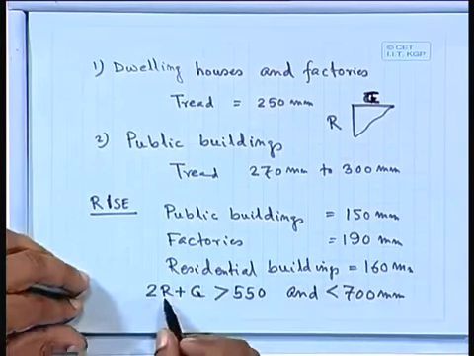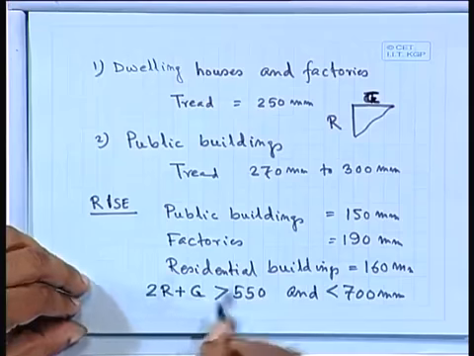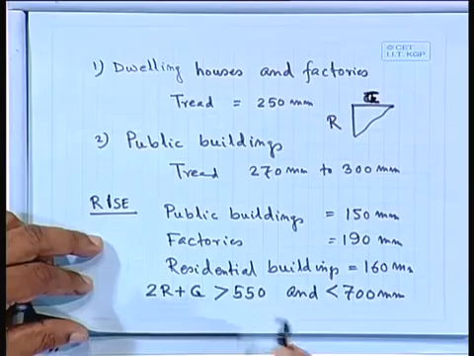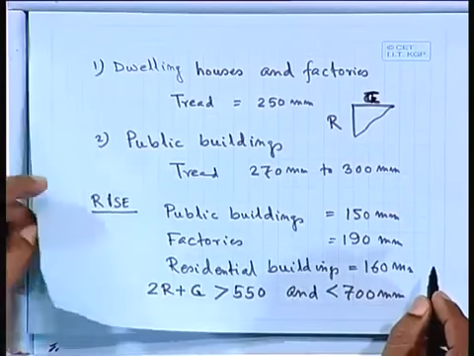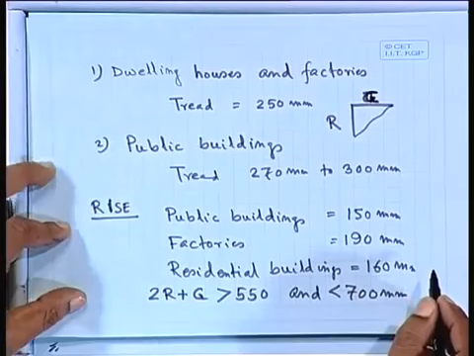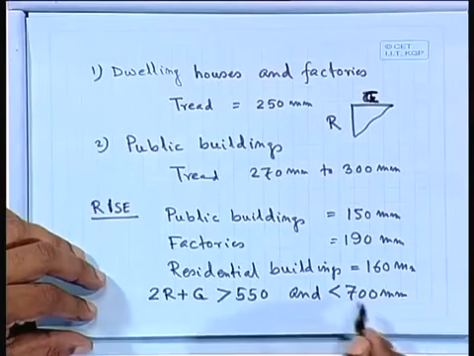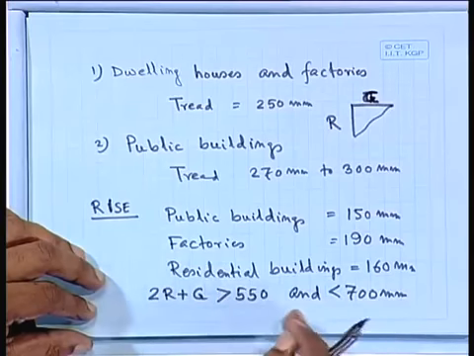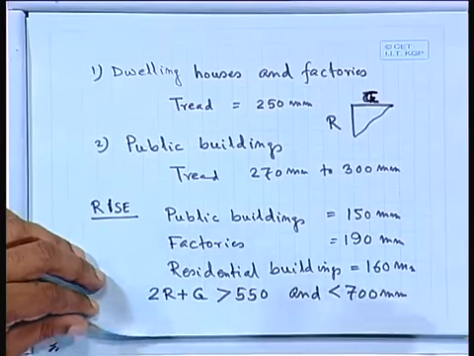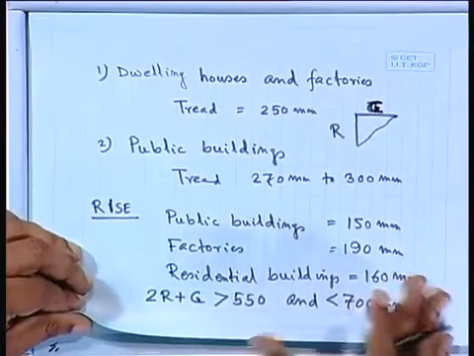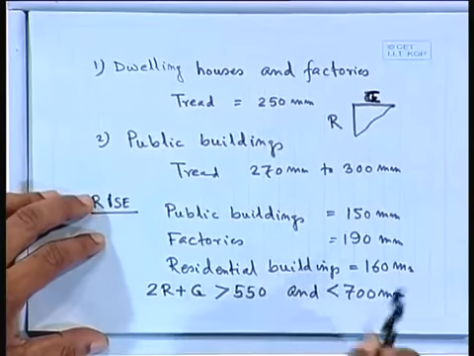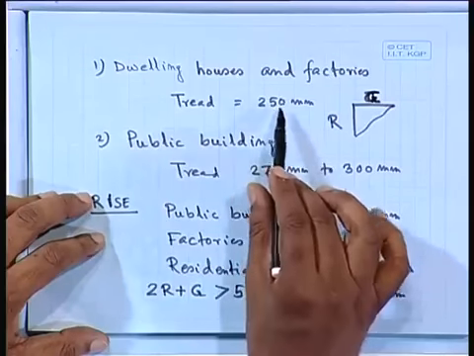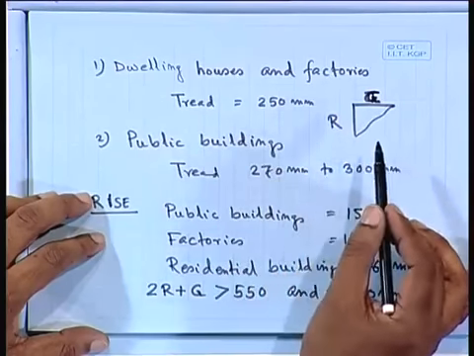We can take 2R plus G, the rise plus going, as say 600 millimeter. This is for residential, but for any building you can take it, only you are changing the value. So for residential buildings we shall take 2R plus G equal to 600, and on the basis of that we can calculate. But anyway, in most cases you will find 150 millimeter or 160 millimeter rise, and 250, 260 or 270 millimeter for tread.